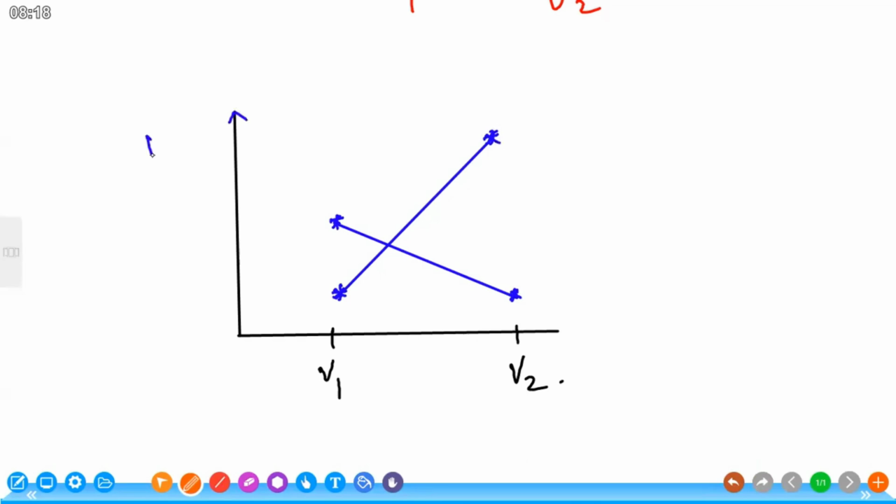So this is response. This is variety. Let's say we decide 1, we decide 2. Right. Now let's say variety, we decide, variety into we decide. So this is main effect, this is interaction.